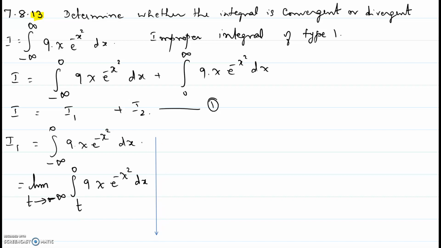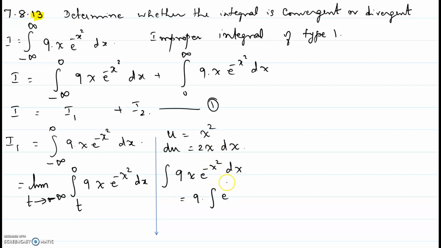We'll use the substitution technique here. So let's assume u equal to x square. So du will be 2x dx. So if you just look at the integral, 9x e to the negative x square dx, it will be 9 outside, integral e to the negative u, then we have x dx, that will be du over 2.